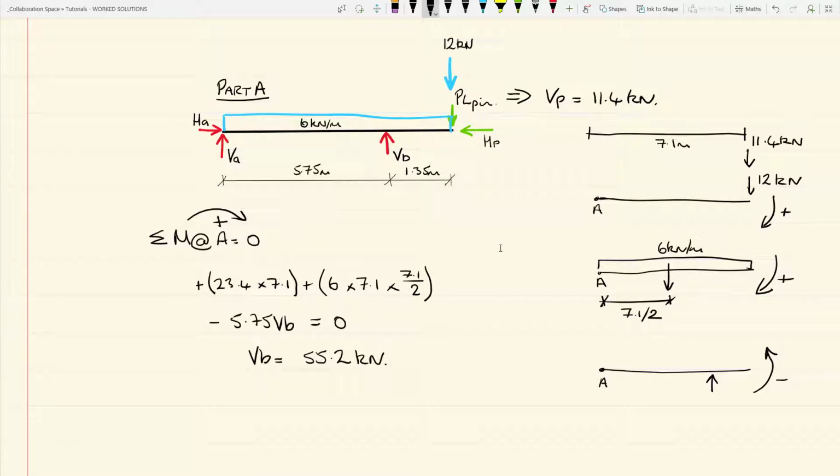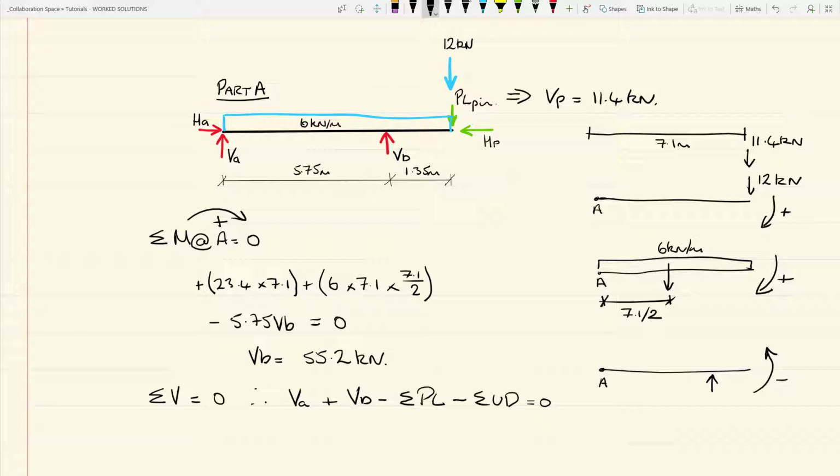And the next part, again, considering one of our equations of equilibrium, we can say the sum of the vertical forces equals 0. Therefore, VA plus VB minus the sum of the point loads minus the sum of the UD loads, that equals 0.